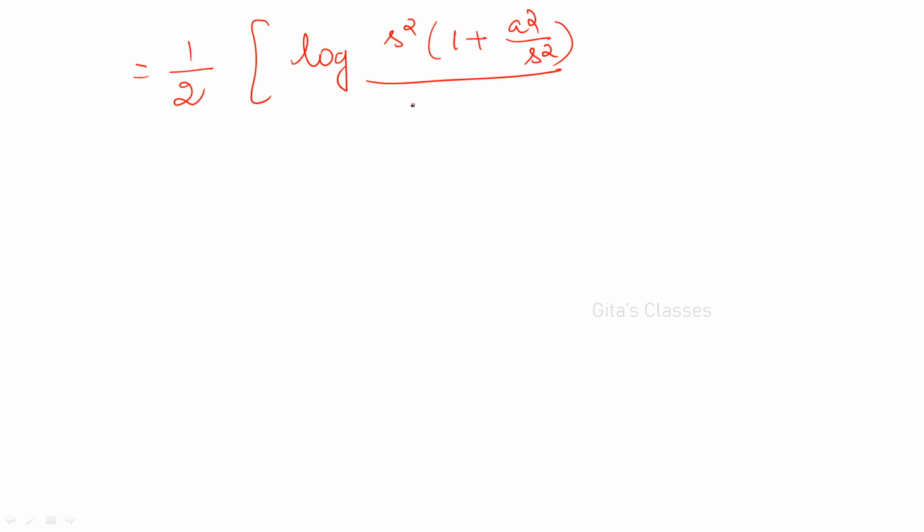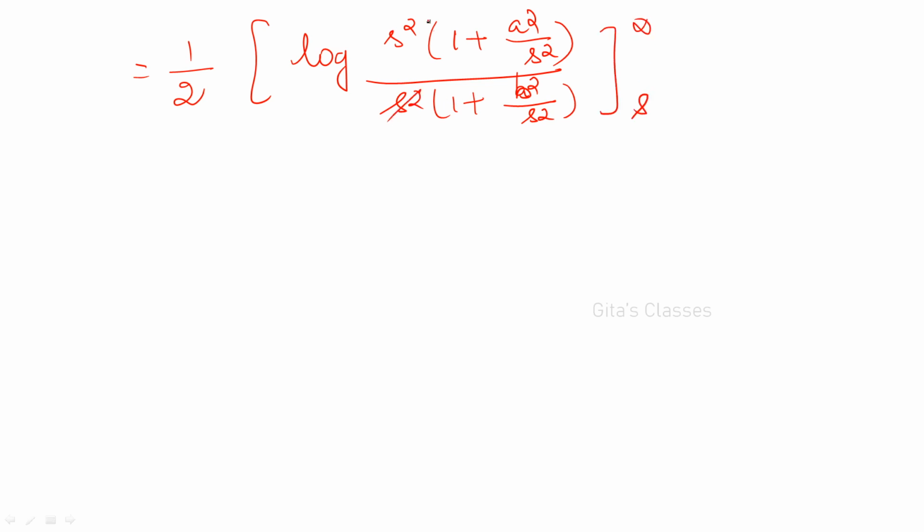Okay, so this is equal to, now I have to take s squared outside. s squared into s squared plus a squared, so s squared I am taking outside, so it will become 1 plus a squared by s squared, divided by s squared into 1 plus b squared by s squared, from s to infinity.